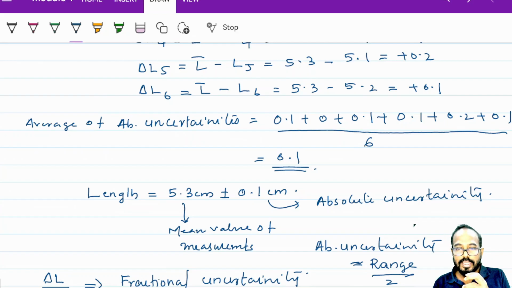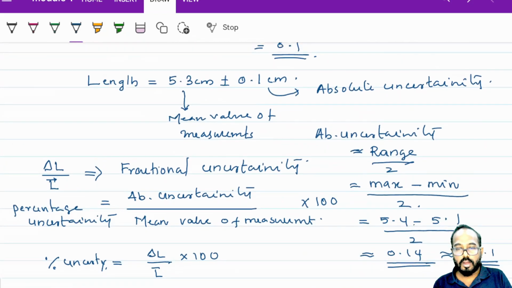If you are taking the fraction, out of that mean value, this much is the absolute uncertainty, correct? Like your mark, out of 100 you scored 80 means you lost 20. If you take 20 by 100, that is the fractional loss of your mark. Similarly, here out of this average measurement, this much is absolute uncertainty.